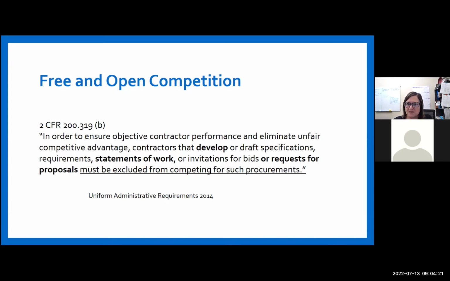So that means if you have your administrative consultant that you've used in the past, or your engineering firm that you've used in the past, help you with your RFP or RFQ, they are disqualified from submitting a proposal for that particular item or job.